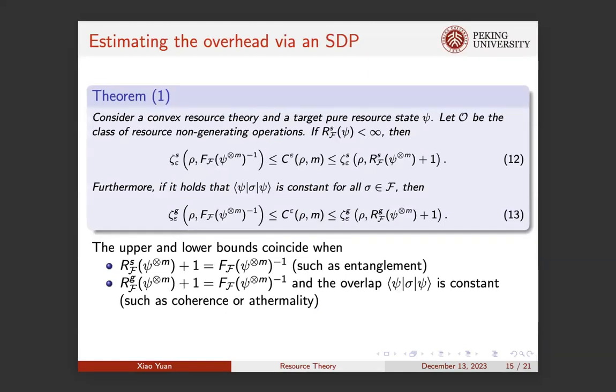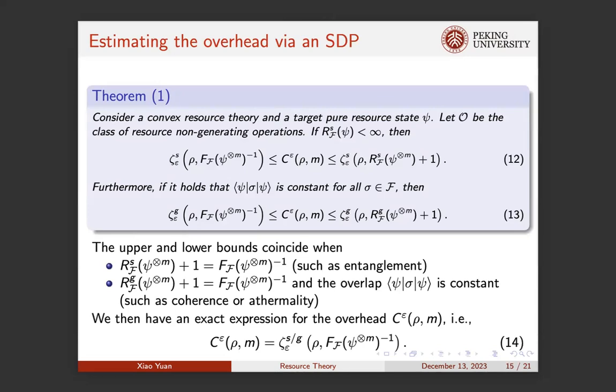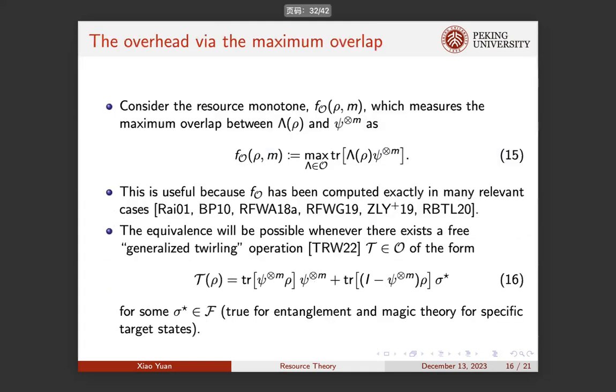So in many interesting resource theories the upper and lower bounds coincide, and we get an exact expression for the overhead, which is this one. If further the set of free states can be characterized efficiently, then we can calculate the virtual distillation overhead efficiently, at least for small systems. So this is the first approach.